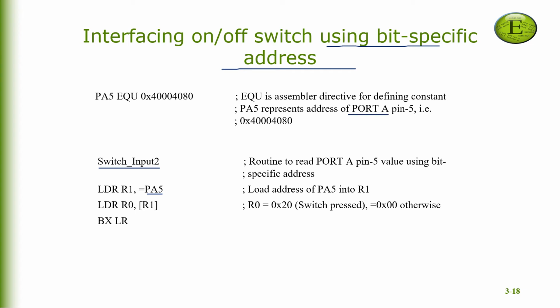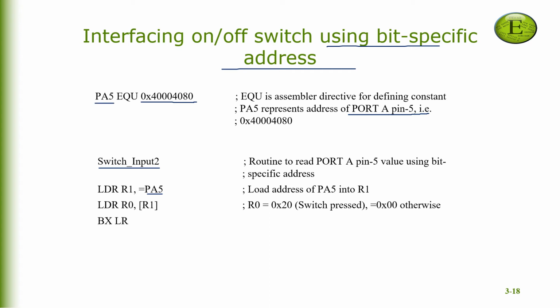With that in mind, we first need to define the address corresponding to the pin number 5 on port A. And as we saw in the previous slide, this address was calculated and it turned out to be hex 4004080. That needs to be stored as a constant.